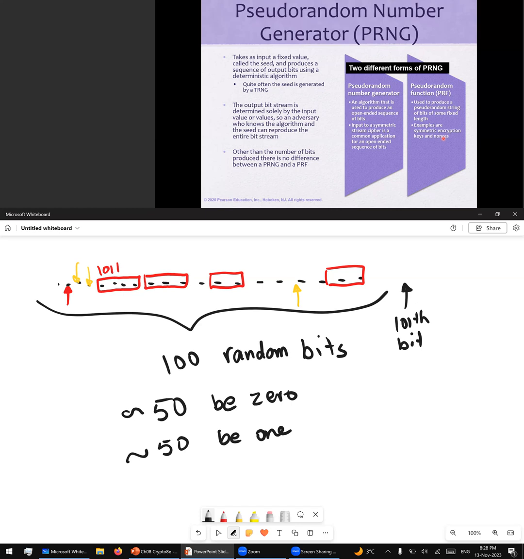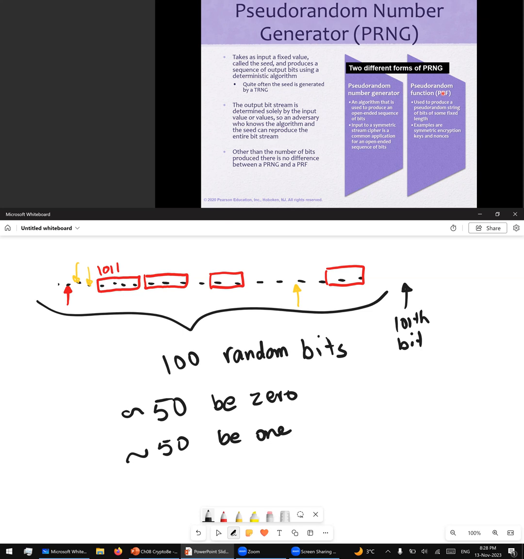One of them was ciphertext feedback mode, which had a nonce. This is a good place where you can use a nonce. But if you want a pretty long sequence of bits, the pseudo-random number generator itself is the best one to use, and not really a pseudo-random function.